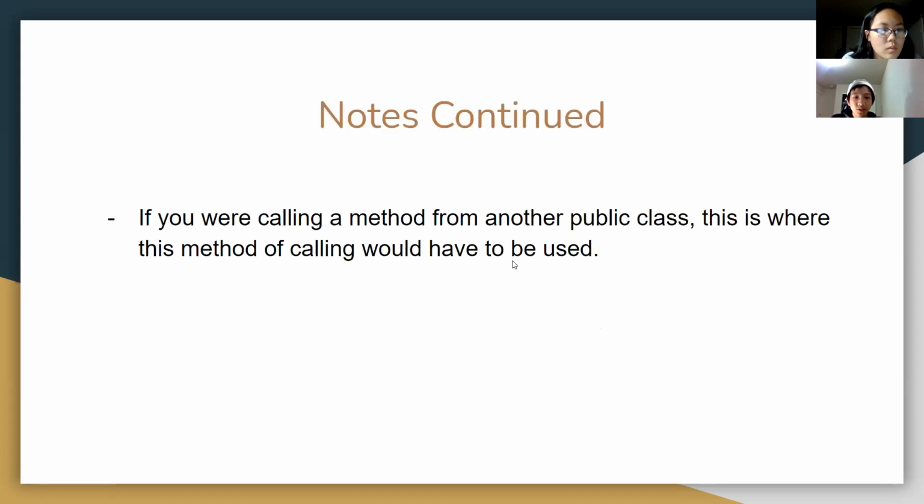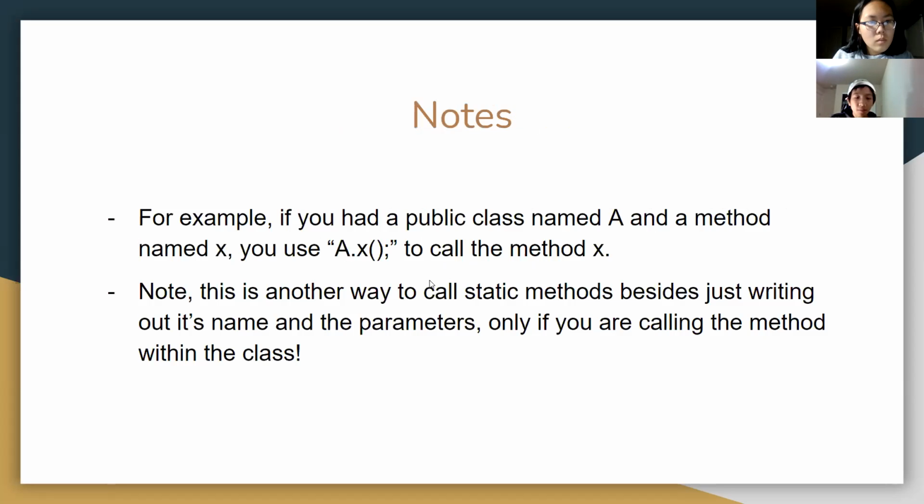So here are the notes: let's say you were calling a method from a separate public class that is not located inside of the class. This is where this type of calling would have to be used instead of directly calling the method. So instead of just using X parentheses, if it's in a separate class, you have to use A.X parentheses and then a semicolon.